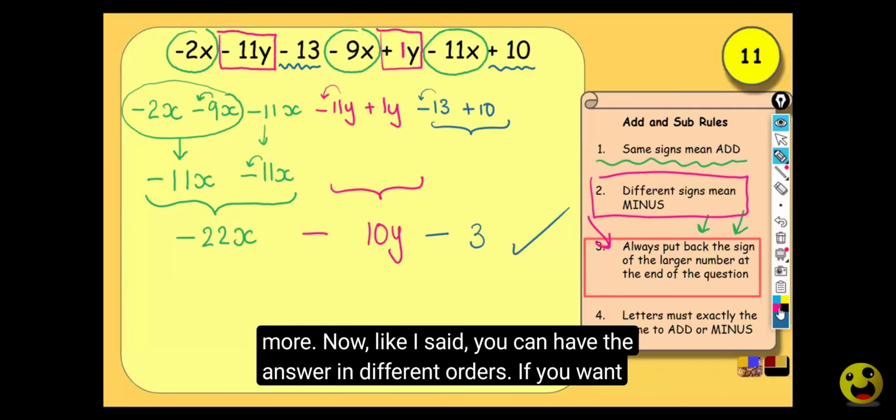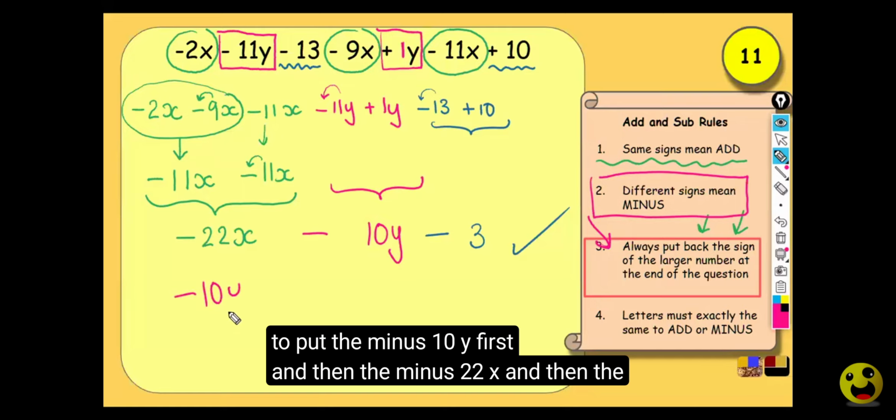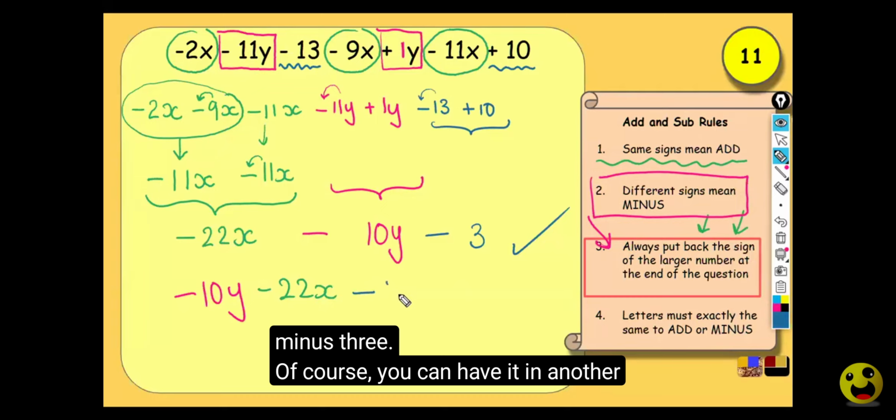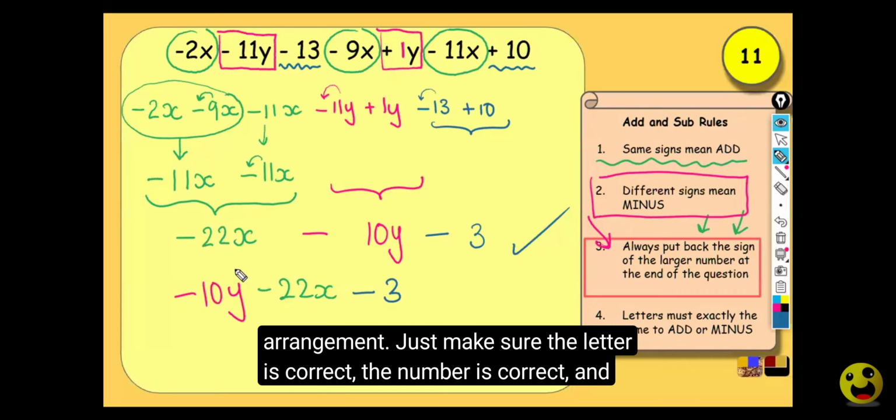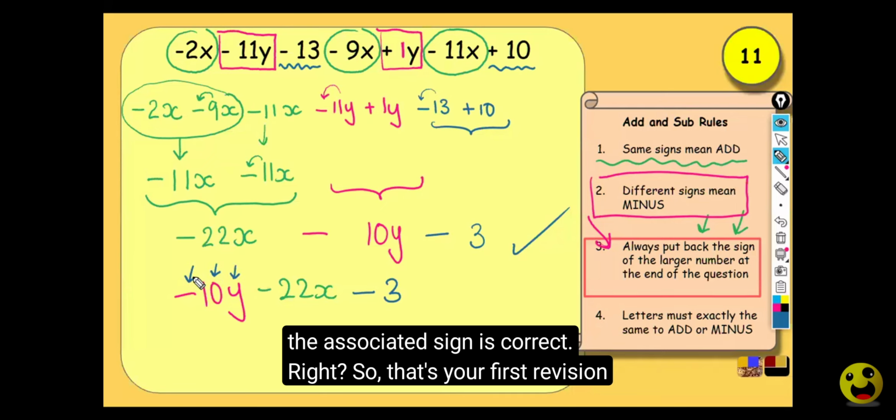Now, like I said, you can have the answer in different orders. If you want to put the minus 10y first, and then the minus 22x, and then the minus 3. Of course, you can have it in another arrangement. Just make sure the letter is correct, the number is correct, and the associated sign is correct.